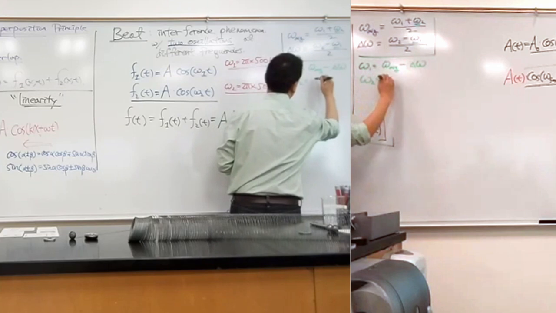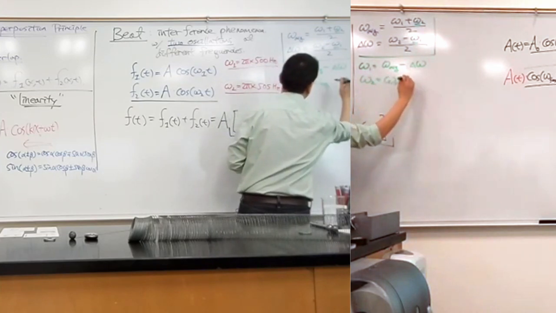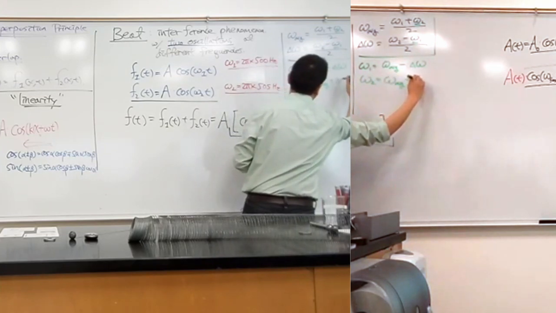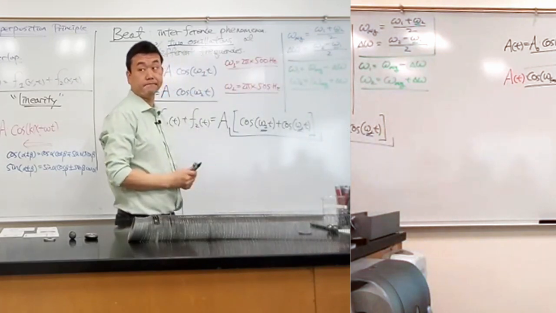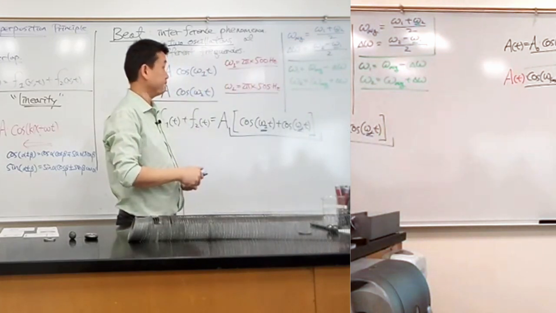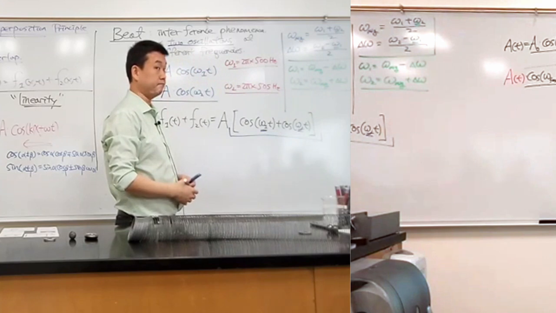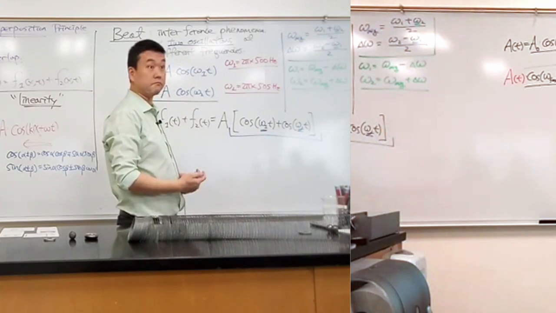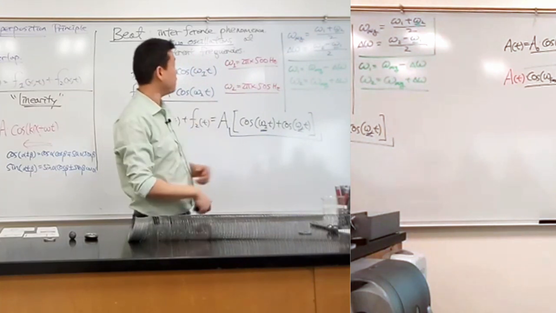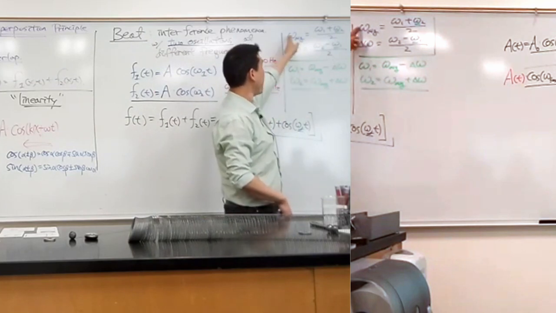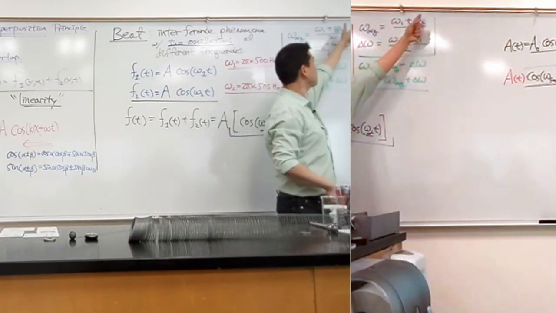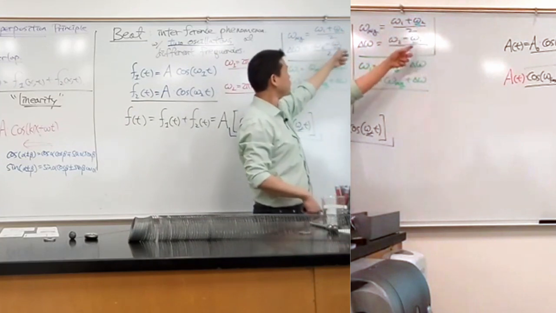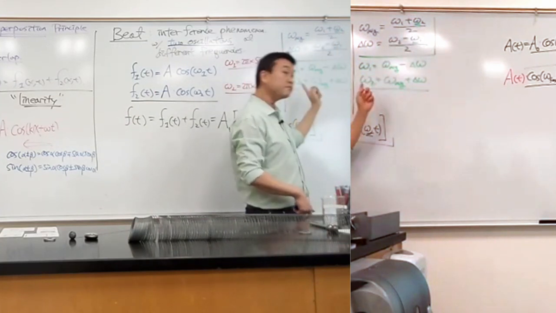Omega 2 is equal to omega average plus delta omega. Convince yourself. Add these two: the omega 1's cancel, and omega 2 over 2 plus omega 2 over 2 is omega 2.